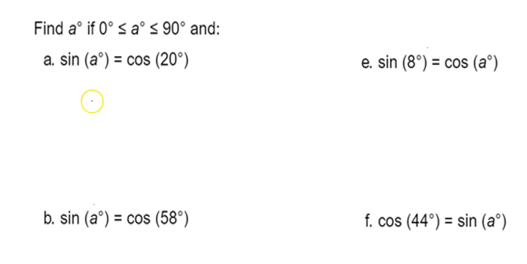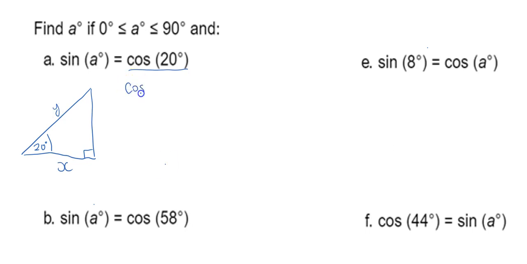When in doubt, we start off how we normally do, drawing a diagram. I've got my right angle triangle, and I want to draw a picture of what cos of 20 would be like. I'm going to put my 20 degrees here, and cos of 20 would be the adjacent side, let's make that x, over the hypotenuse, which would be y.